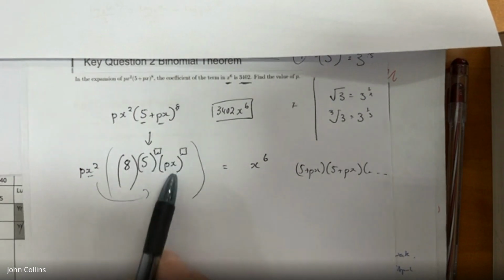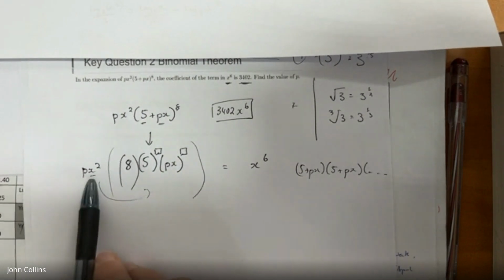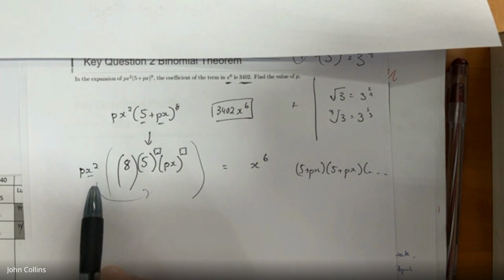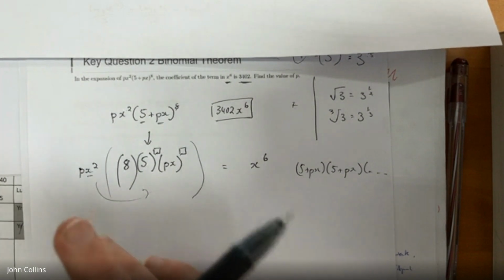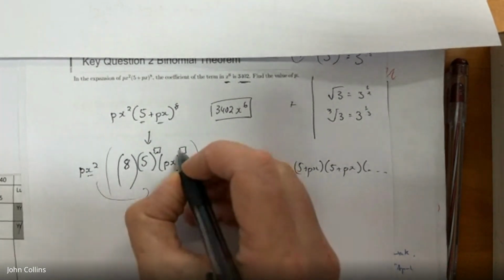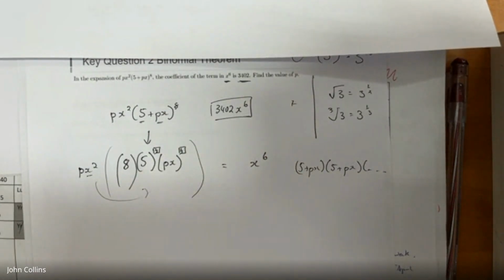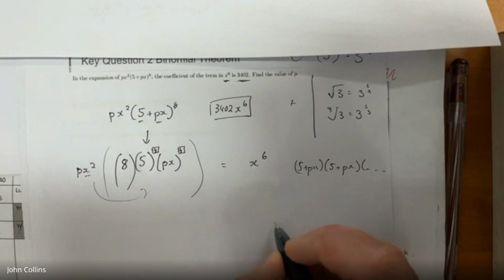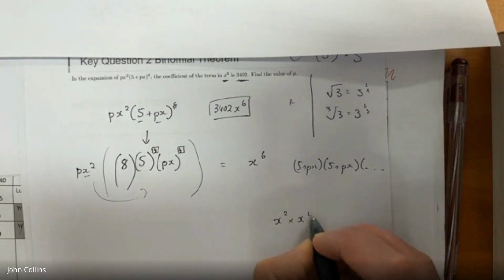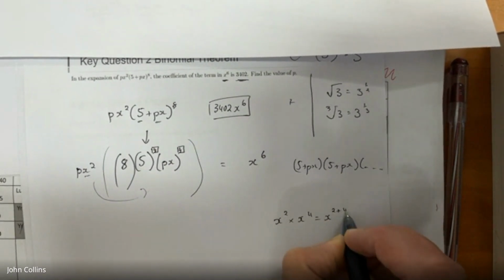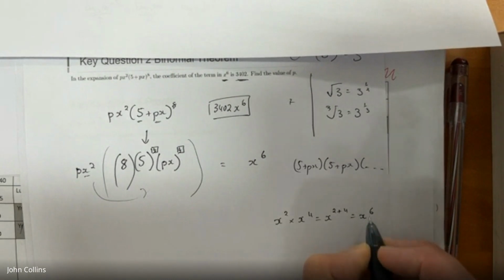If this is 3, that's going to be x cubed. x cubed times x squared, add the powers, is x5. 4 here and 4 here. It has to add to 8. They're both 4. Why? Because x2 times x4 is x2 plus 4, which is x6.